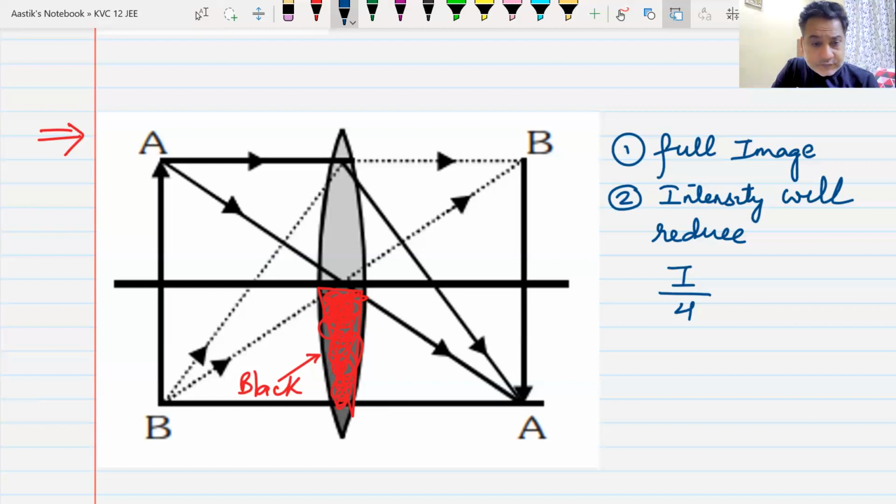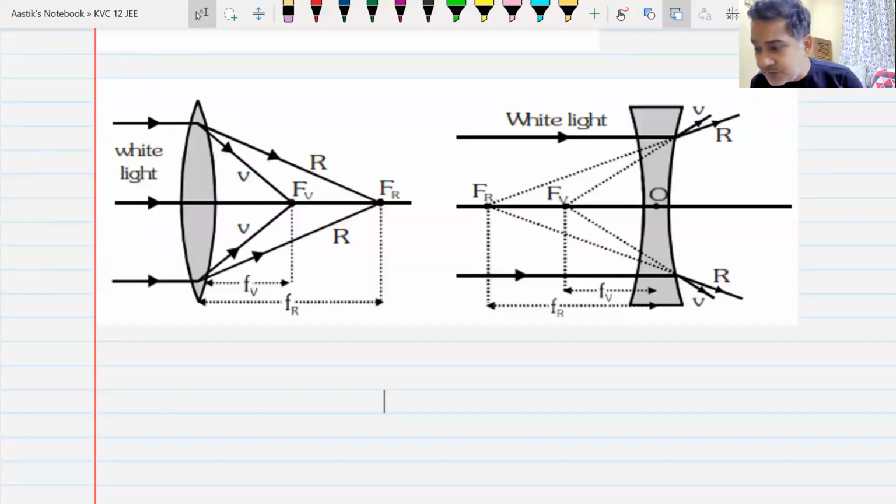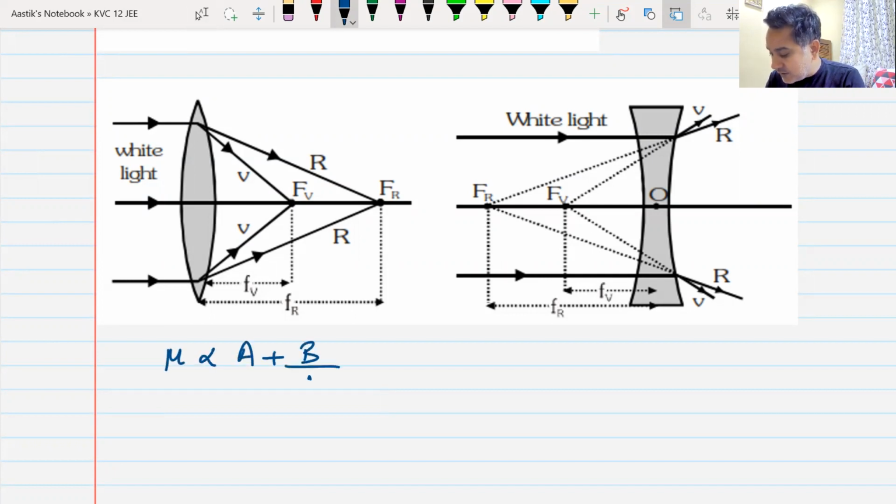Well done, sir. The next point is regarding what some people call chromatic aberration. Again, we know that the refractive index by Cauchy's formula is proportional to A plus B by lambda square. Do we remember this? And now I know that 1 by f is proportional to mu minus 1. Yes or no?